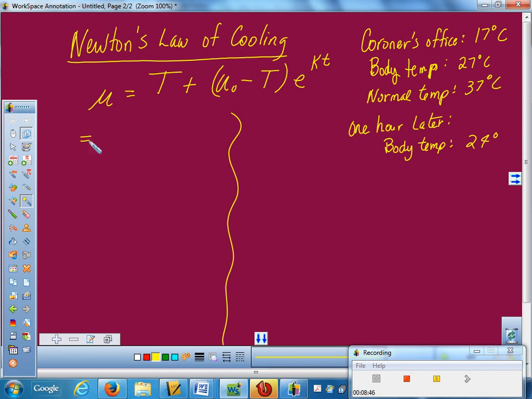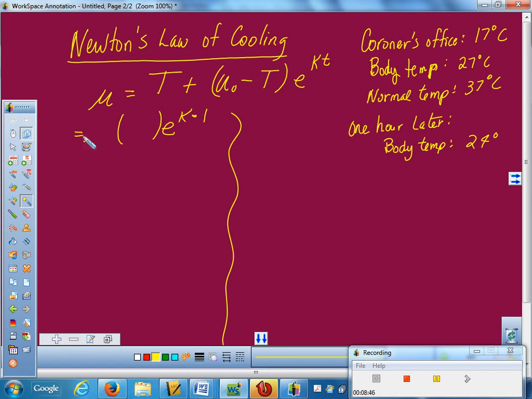Okay, so to find K, I'm going to start in the back here. I have to know a time period. What's the only time period I know from what happened? An hour later. So time is 1 hour. I have to fill in all this other stuff that goes up front. So if I'm talking from when he found the body to an hour later when he came back, the initial was 27.